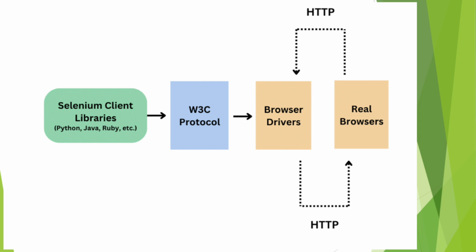The browser driver will again wrap up the response in JSON format and send it to our client code. This means we see the output in our editor, as we receive a response back in JSON format to our test. This is how it happens in the backend.